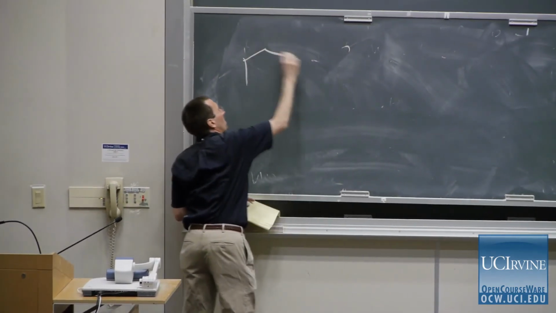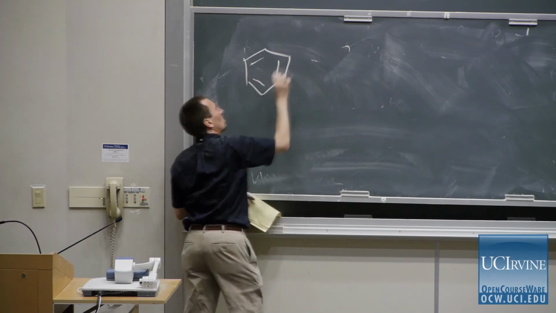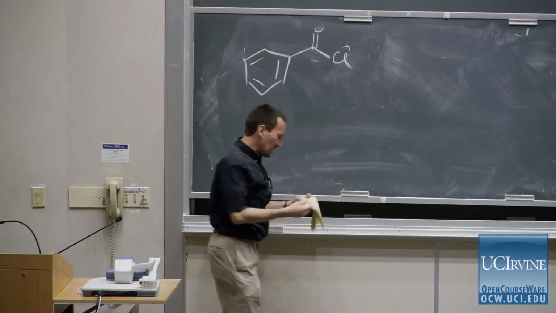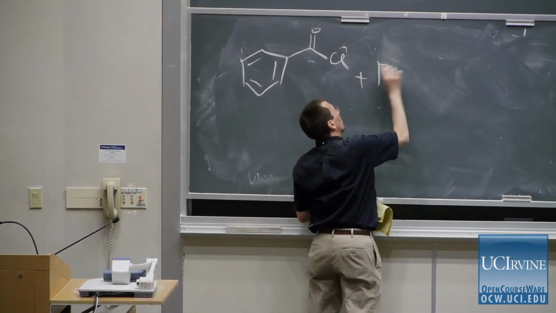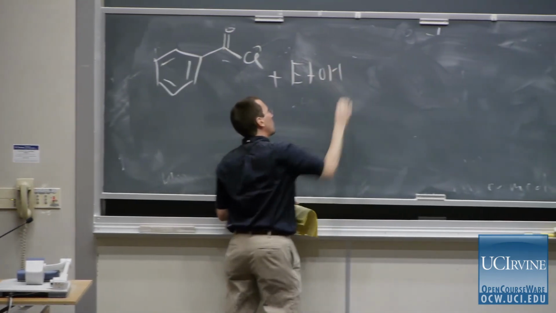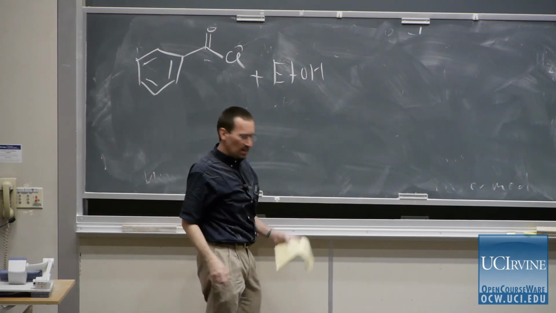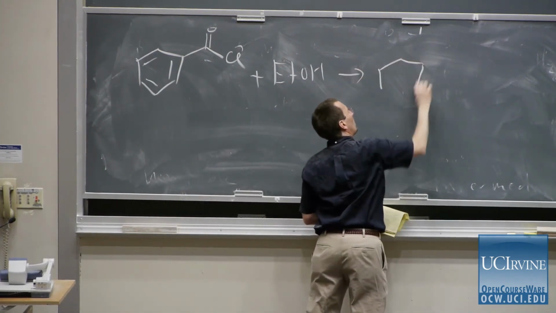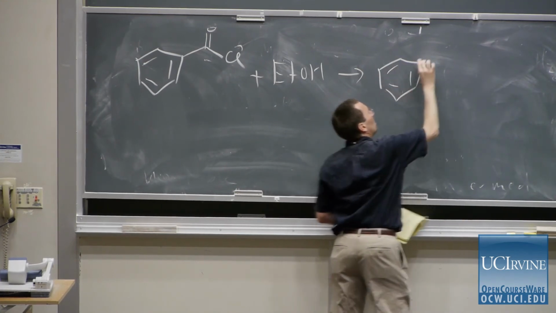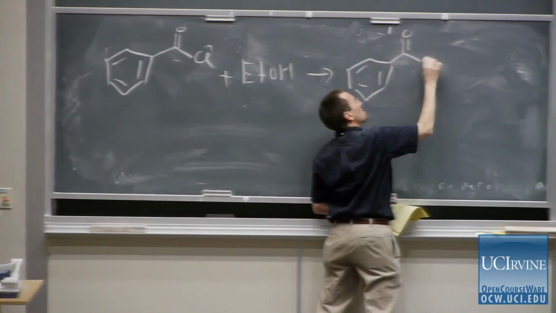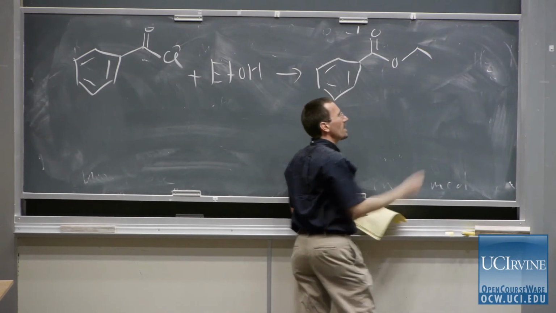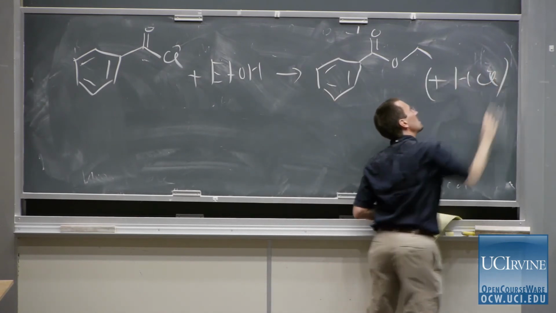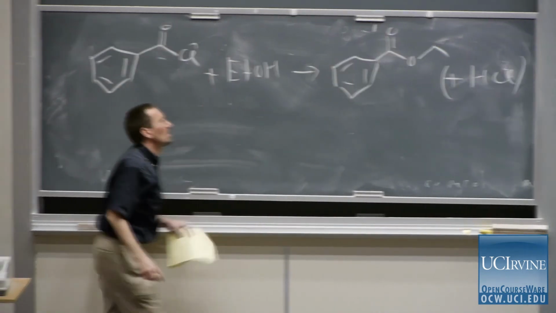So for example, if I take benzoyl chloride and I take ethanol, they react just like I said acetyl chloride reacted with water. They react to form an ester, ethyl benzoate. And again, if I want to balance my equation, HCl would be a byproduct.